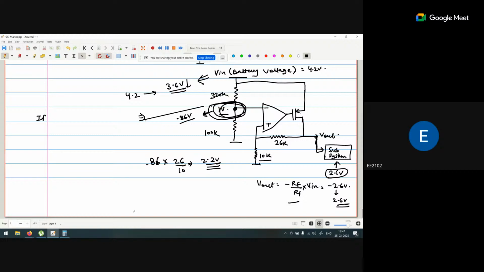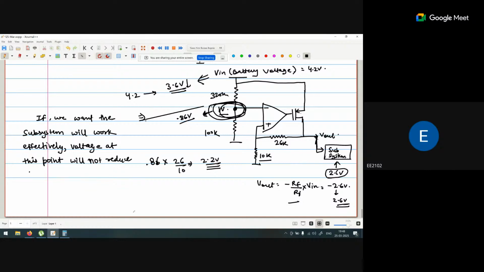If we want that subsystem to work effectively, the voltage at this point should not reduce. It will not reduce.